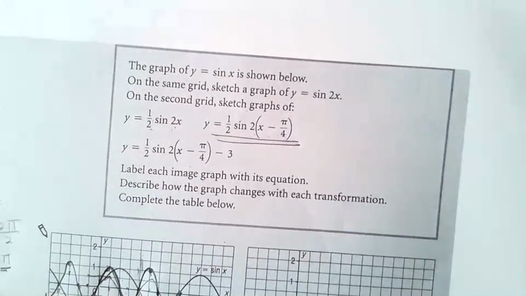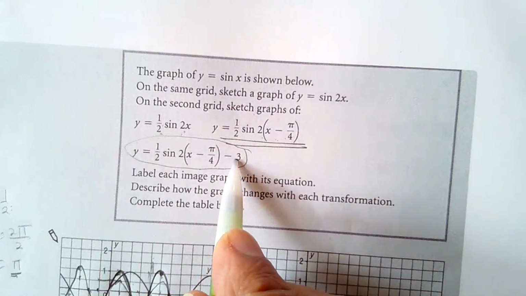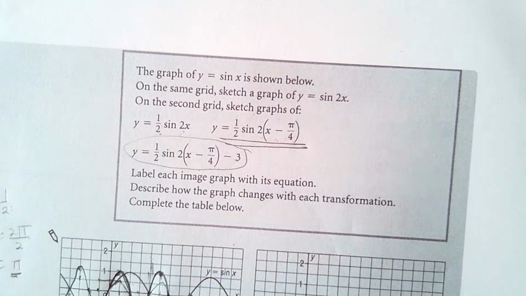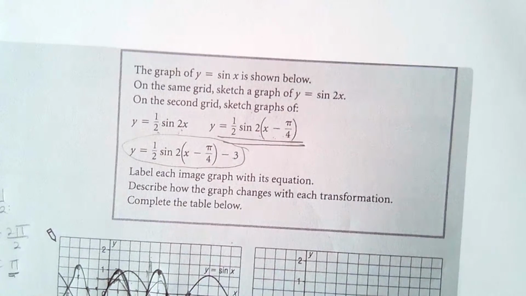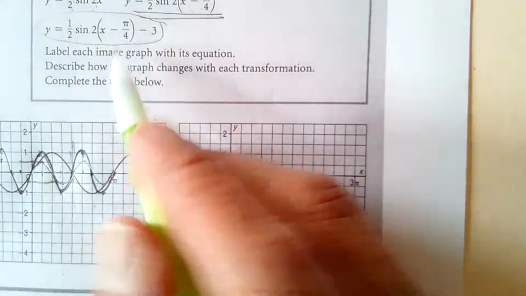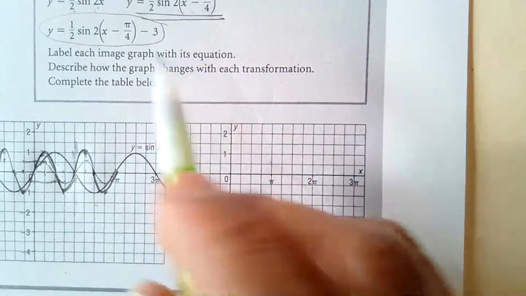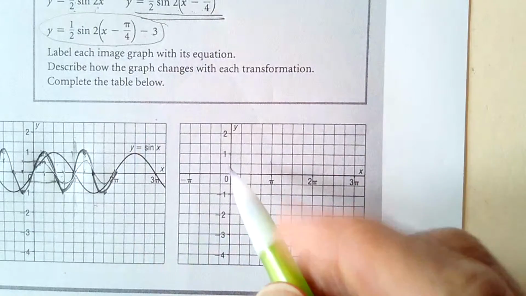Now the last one, now you notice what's going on here. Now we have a vertical shift 3 units down. Okay, so I can do that one right here. First of all, let's establish we've already established our graph.